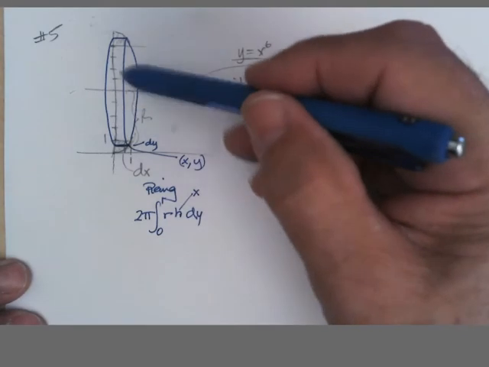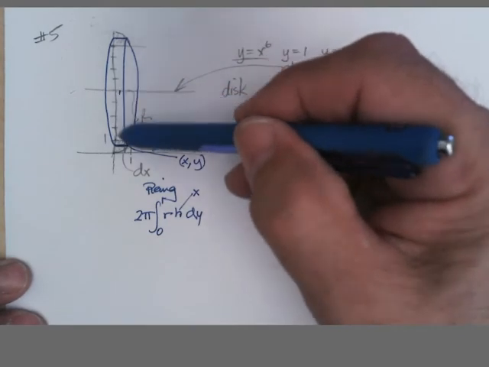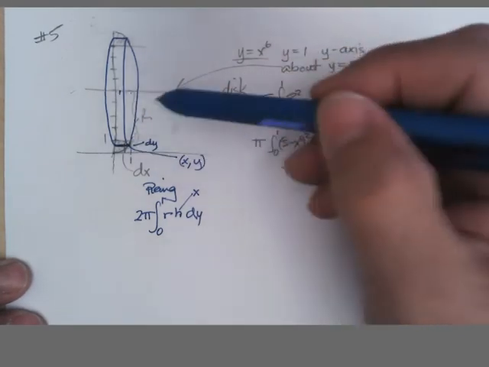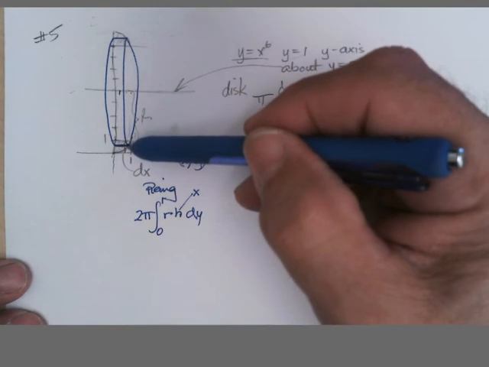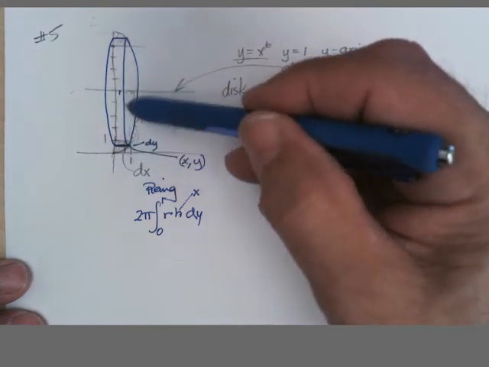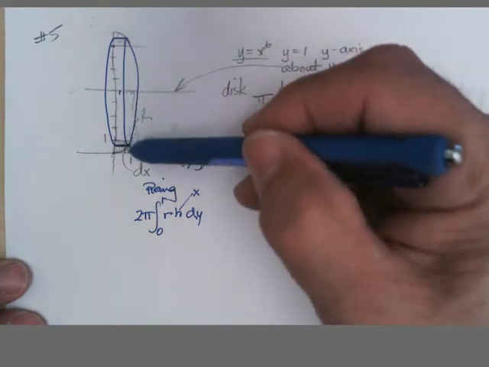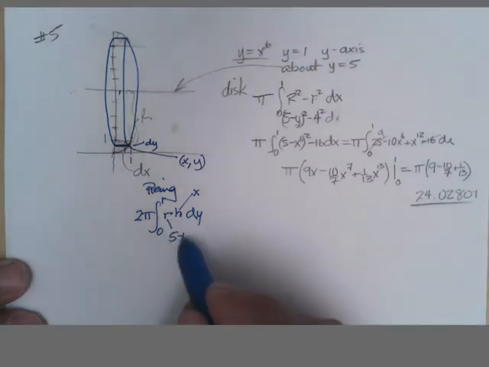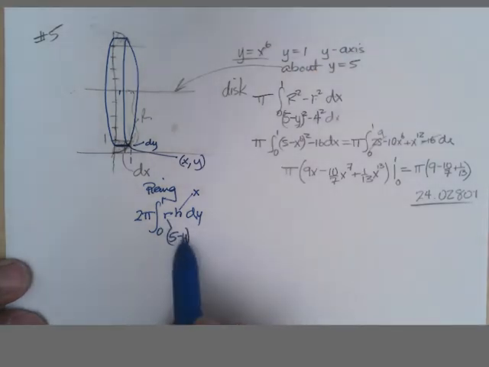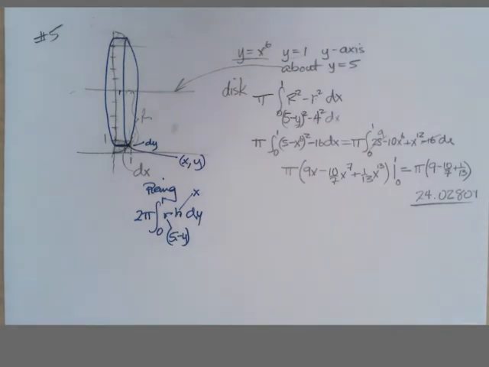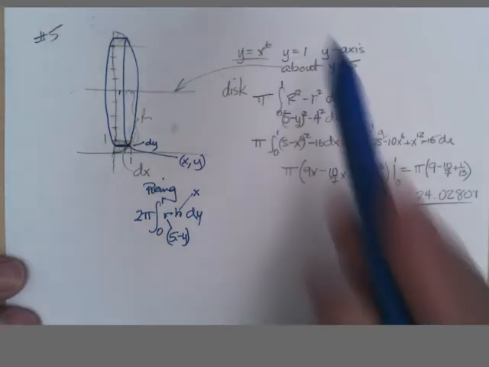The radius is from here to the curve, which is going to be, just like we had before, the large radius, which is going to be 5 minus y. Well, that's already in terms of y. The x is the only thing we have to be worried about, and x is equal to y to the 1/6.